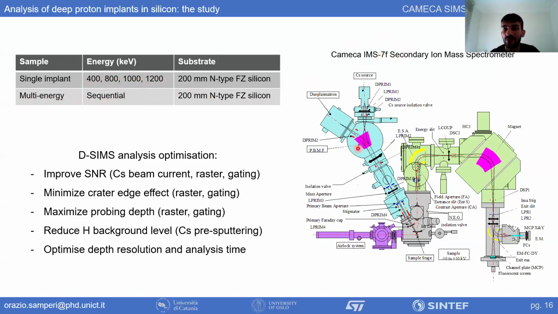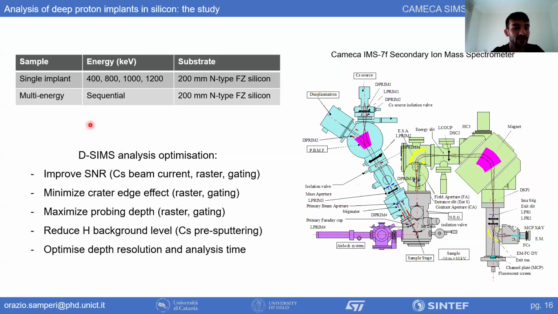The measurements were taken with this instrument. I think that some of you should have used this at some point. It is the Cameca IMS-7F. As you know, it is a really performant instrument for the profiling of inorganic materials.